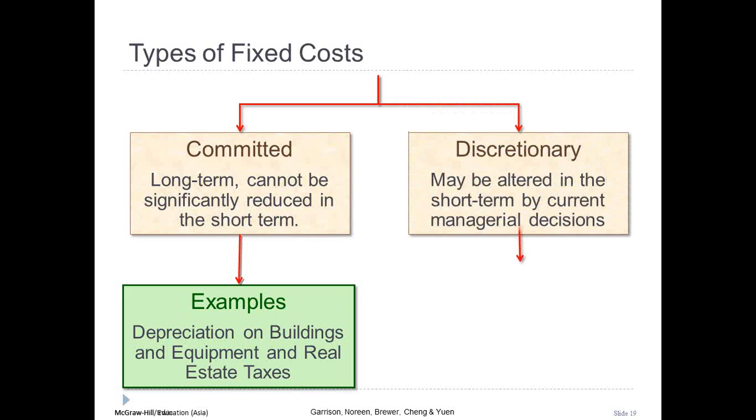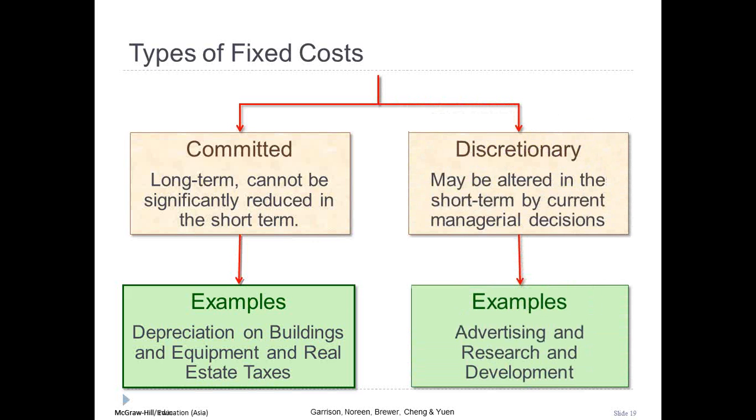Now, the other major type of fixed costs is discretionary. The word discretionary means we can actually make changes to it in the relevant range or during the time zone. So management could decide that we will make a change and therefore the fixed costs will change accordingly.